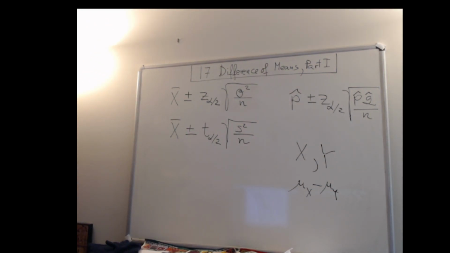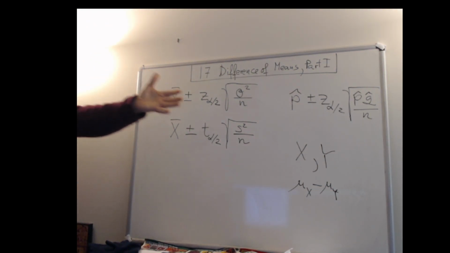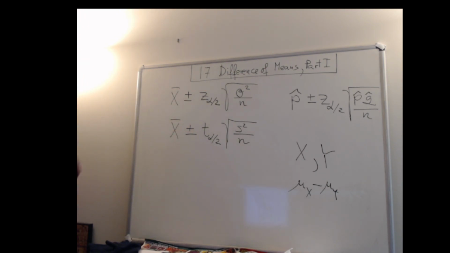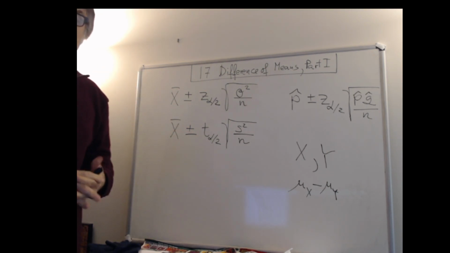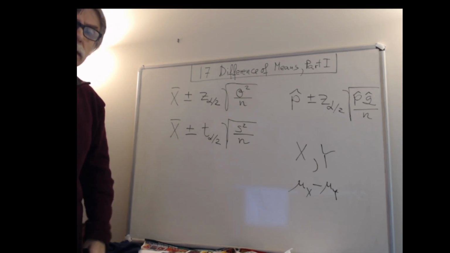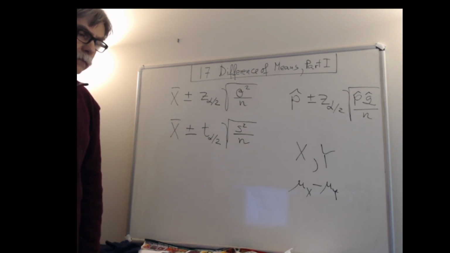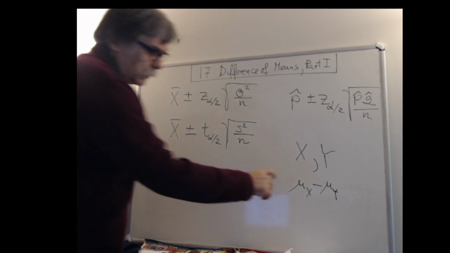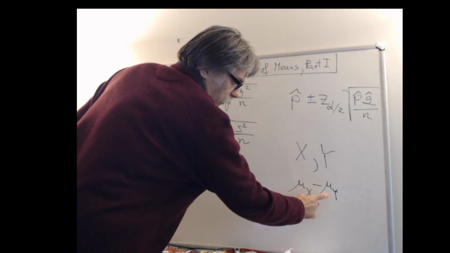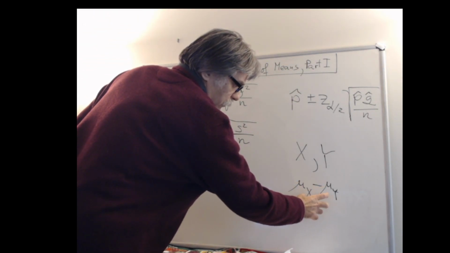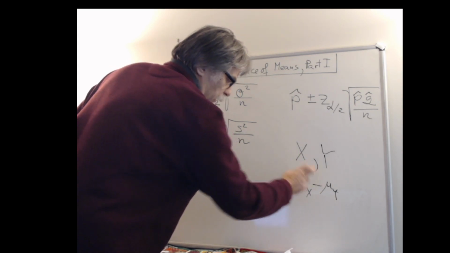These two. So I'd have a population mean for x and some population mean for y, but I would be interested in finding out the difference of the two means. What would be this particular number?